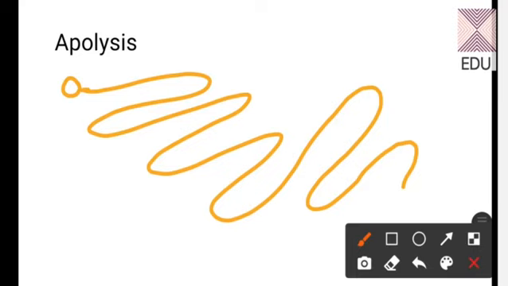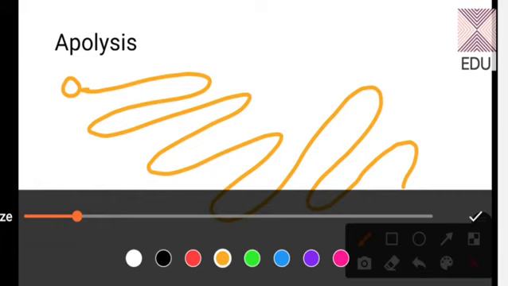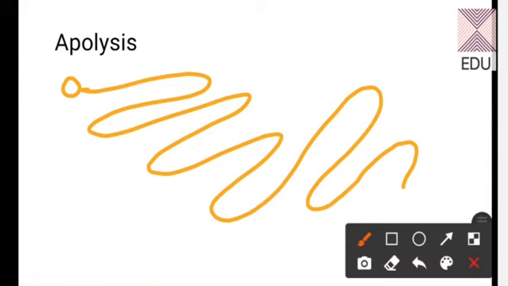Now what will happen if it is growing more than 5 meters? Now this is the overgrown length, which is shown here in red color. Now this overgrown length will be cut down.